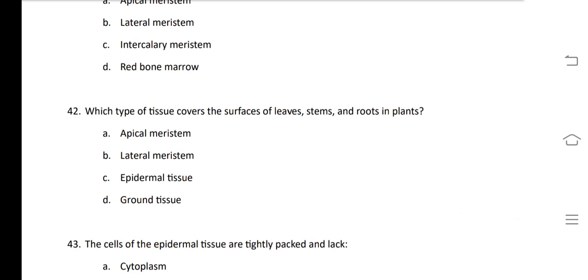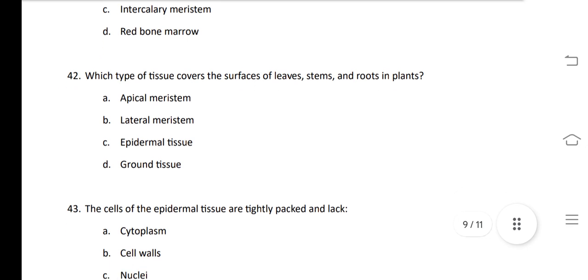Our next question is, which type of tissue covers the surface of leaves, stem and roots in plants? So the answer of 42nd question is epidermal tissue. It will cover the surface.